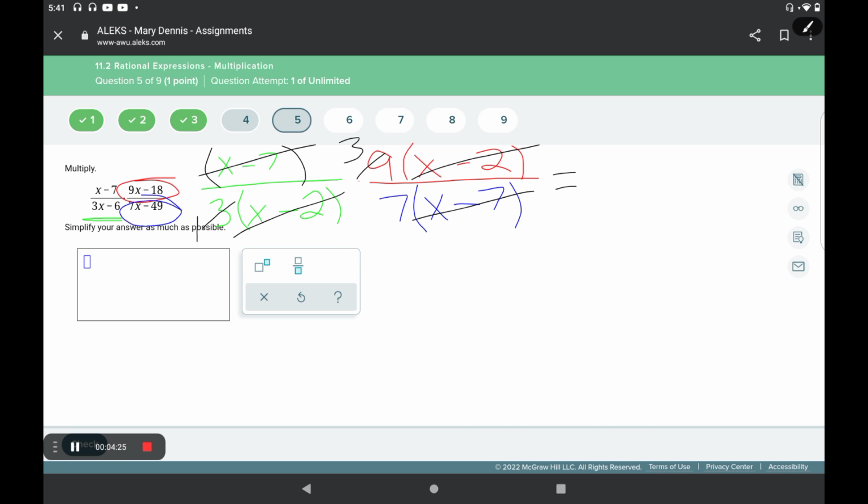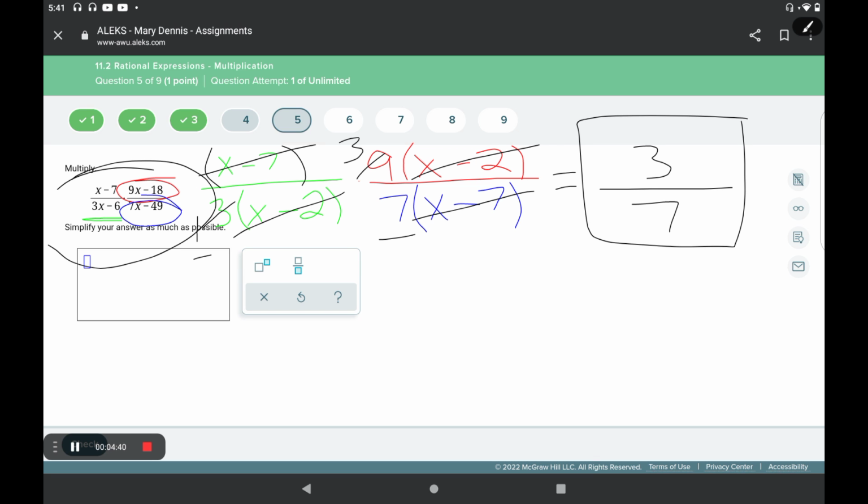I think that's all I can reduce. So all I have left on top is a 3, and all I have left on bottom is a 1 times a 7, which is just 7. So my answer is 3 over 7. I took all of this and reduced it to 3 over 7, which is pretty crazy, but also kind of cool.